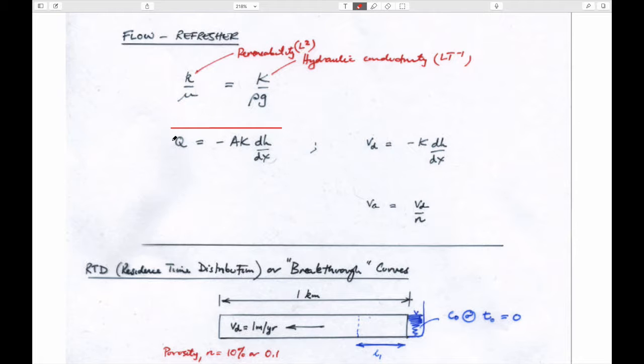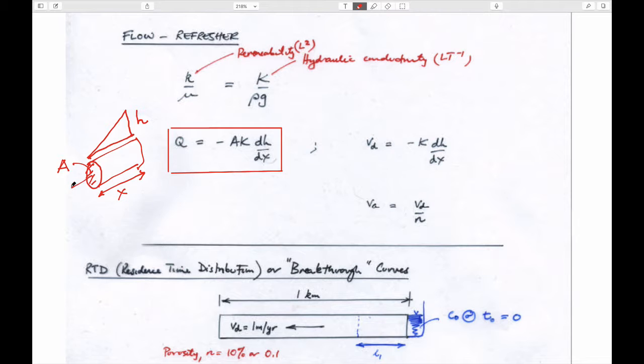And Darcy's law would look something like this, where, so it's based around the idea that if you had a core, and if you had a pressure gradient along that core, or a head gradient along some length of that core, and it had a cross-sectional area, and it had a volumetric flow rate Q. Volumetric flow rate, cross-sectional area, hydraulic conductivity is the property of the material.